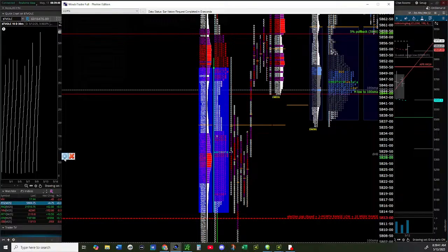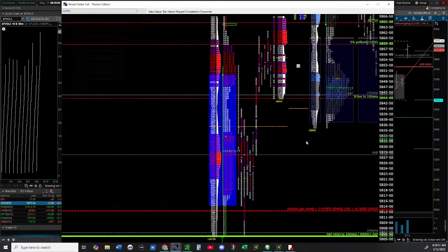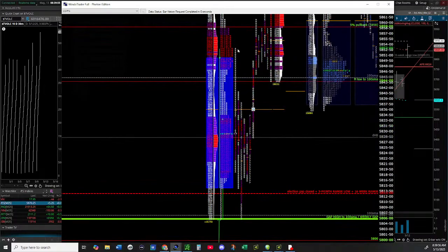The G low was almost exactly half back from the range, which was at that time the range, the center of this range.